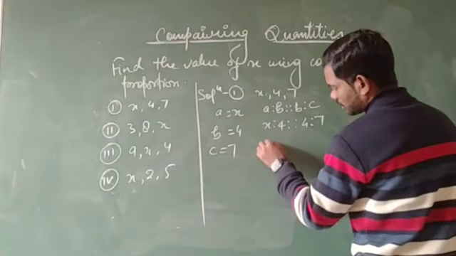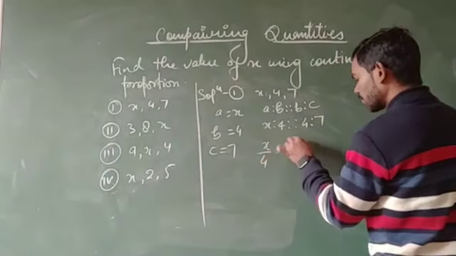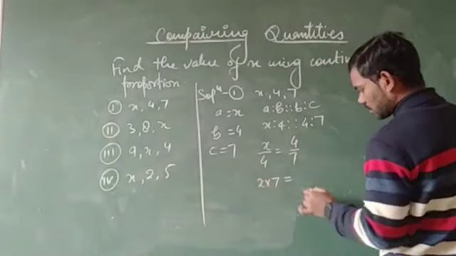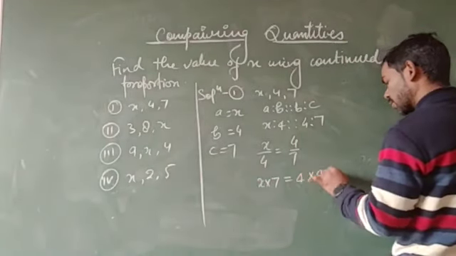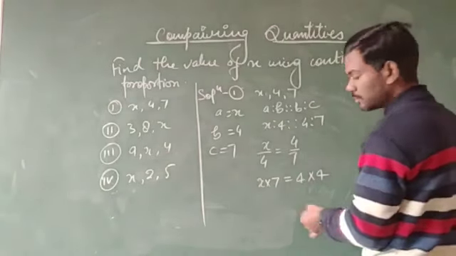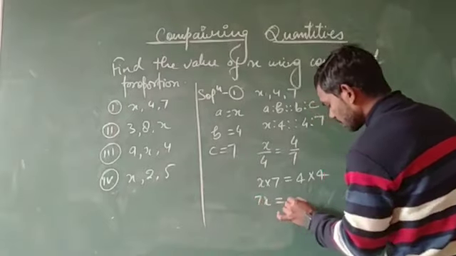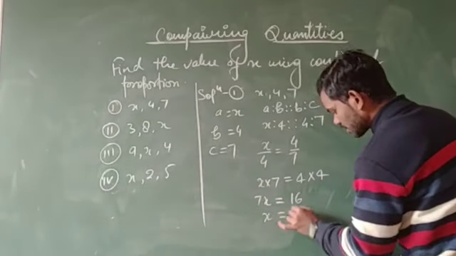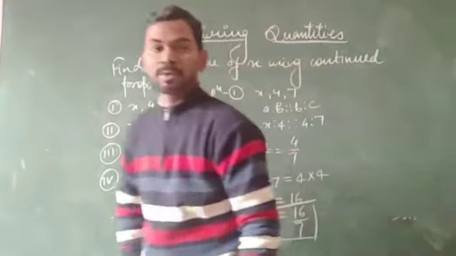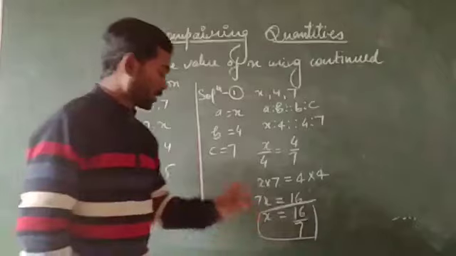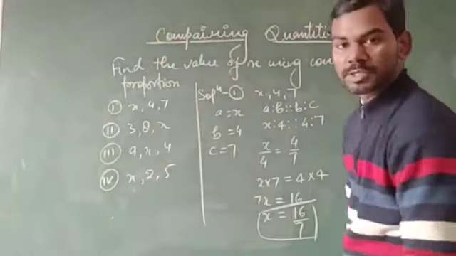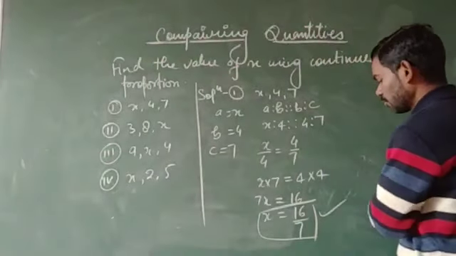It may also be written as x upon 4 equals 4 upon 7, or x into 7 equals 4 into 4. Using cross multiplication, we can write 7x equals 16, or x equals 16 by 7. So 16 by 7 is the value of x, and hence our question number 1 is completed.